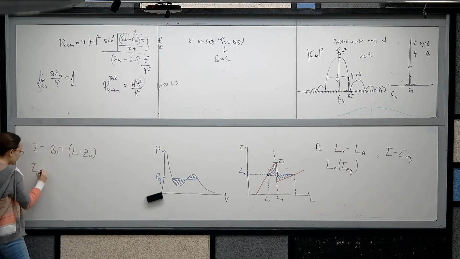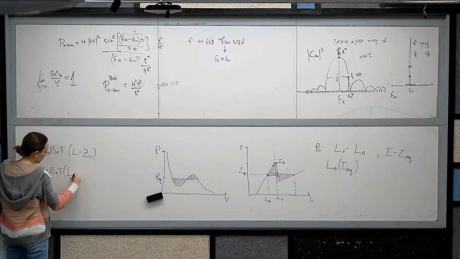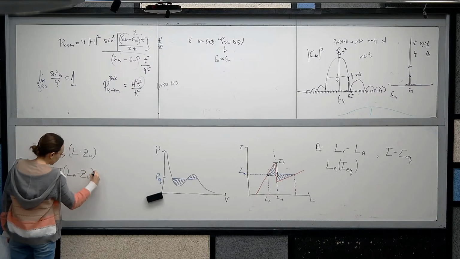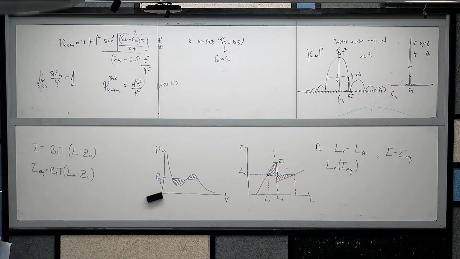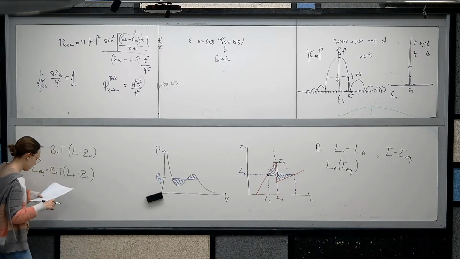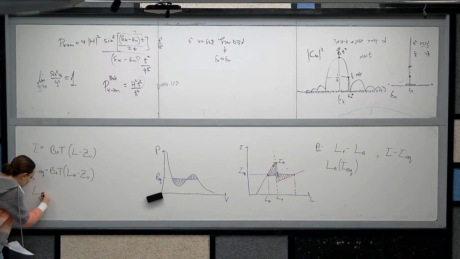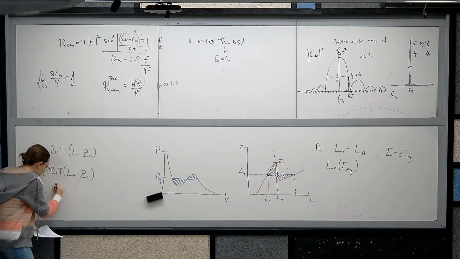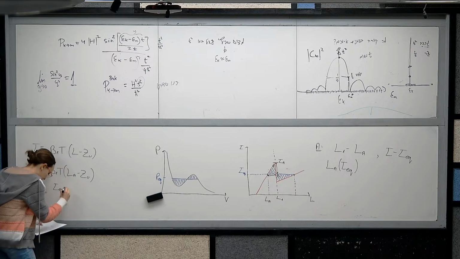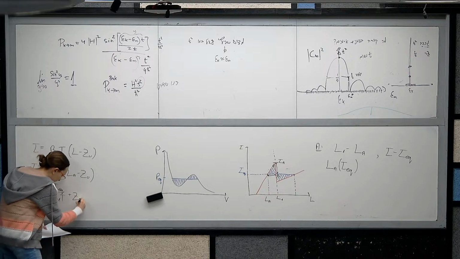So we can write tau equilibrium equals B1 T (LA minus Z0), okay? So we get that LA equals tau equilibrium divided by B1T plus Z0.